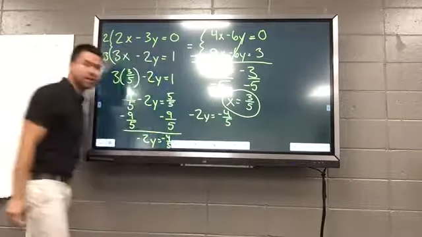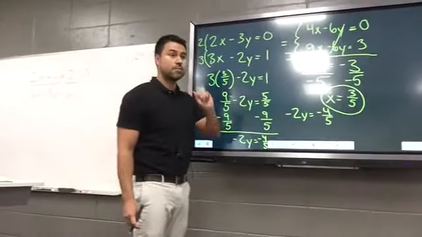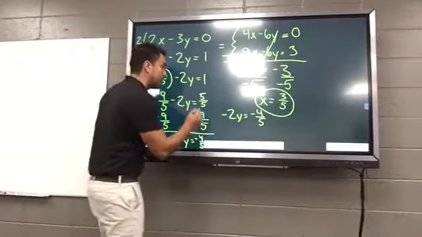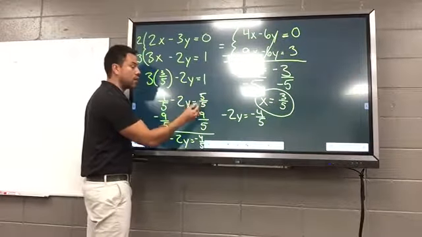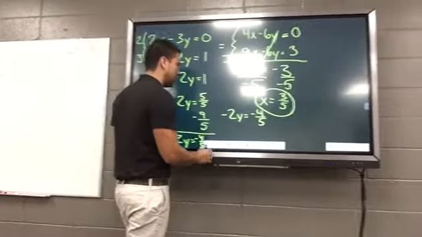Does anyone remember how to solve that? Multiply by the reciprocal of -2. Yes, ma'am? Why is it 5? Because it was 1, right? And you wanted a common denominator. So it would have been 1 over 1, but no, we want to use 5 over 5.